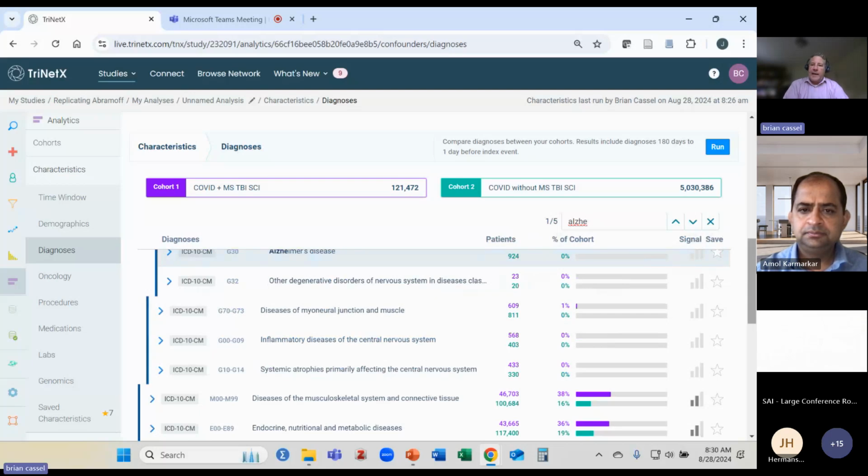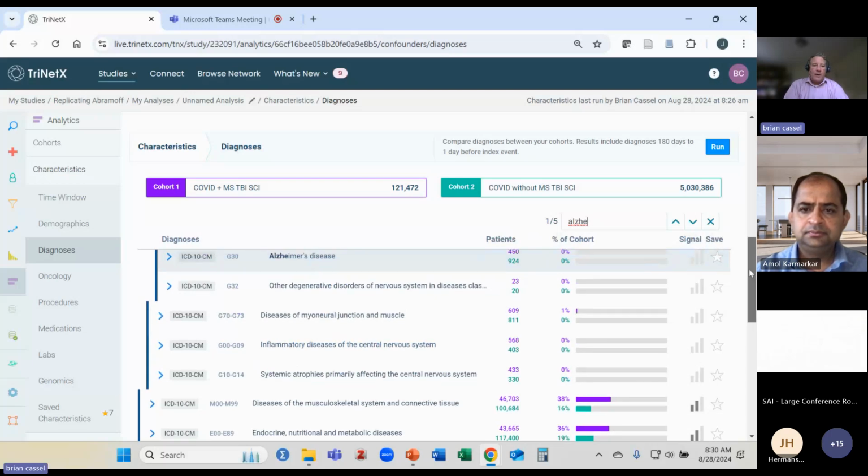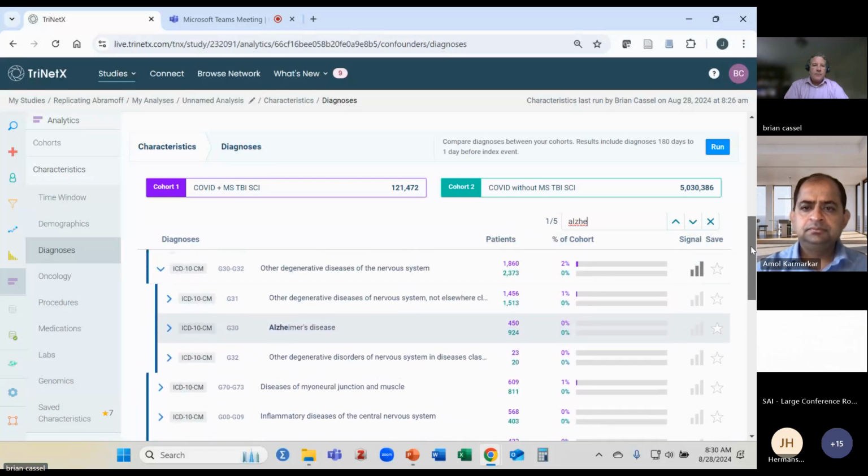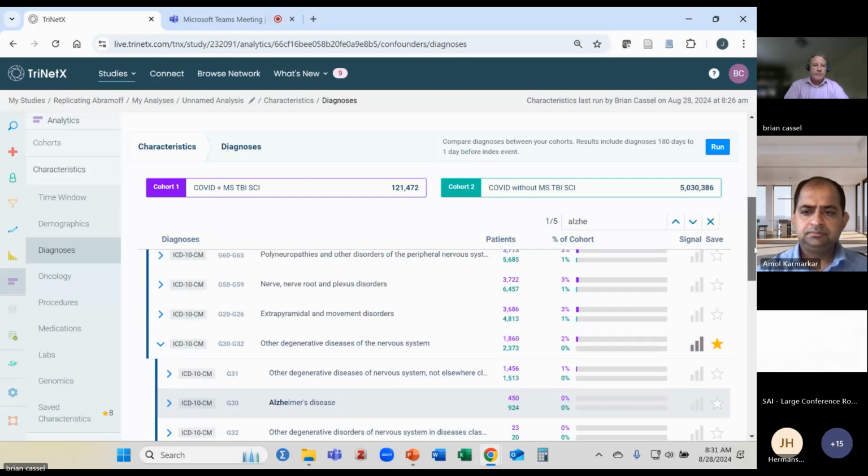So I can ask it to look, for example, for Alzheimer's, and it's showing me that there's not a particularly good signal for that. So you have the signal thing here, but there is a strong signal for the broader category of other degenerative diseases of the nervous system. So I'm going to save that broader category.